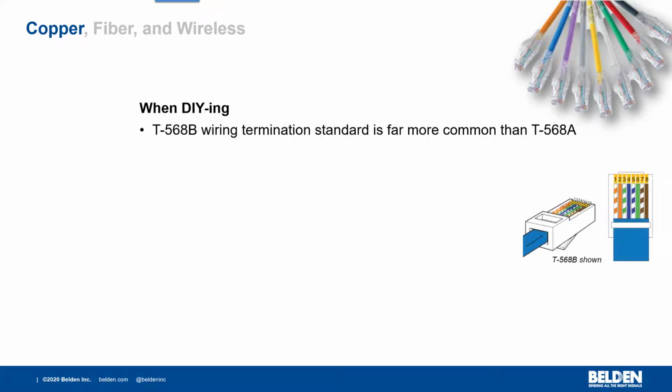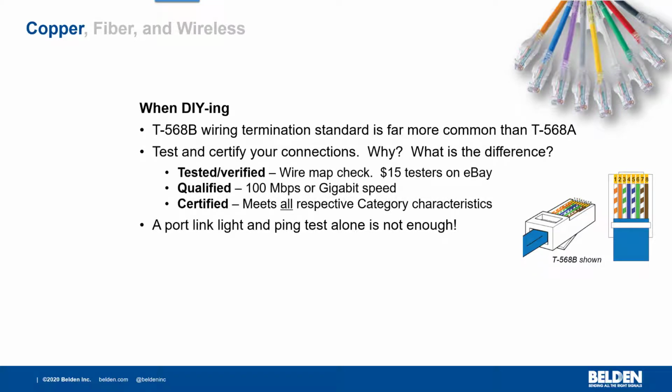When making your cable, it's paramount that you ensure that the cable is terminated to the right standard. And when it comes to terminating the RJ45, it is the T568B wiring termination standard that is significantly more commonly adopted as opposed to the 568A standard.